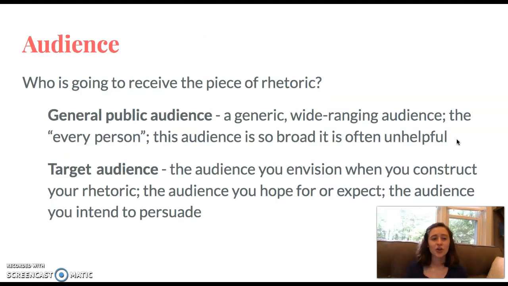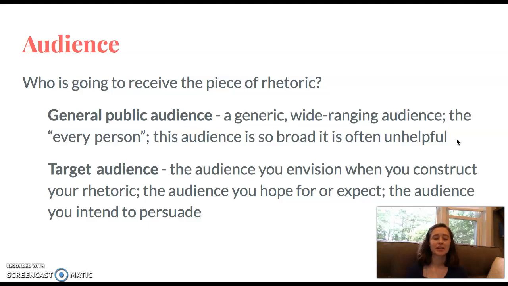All right, so audience. That's the first thing that we want to determine in order to do our rhetorical analysis. And there's two different types of audiences that I'm talking about when I say audience. So the first is the general public audience. Pretty much every piece of rhetoric you look at can be received by a generalized public audience because it's published online or it is broadcast, live streamed.